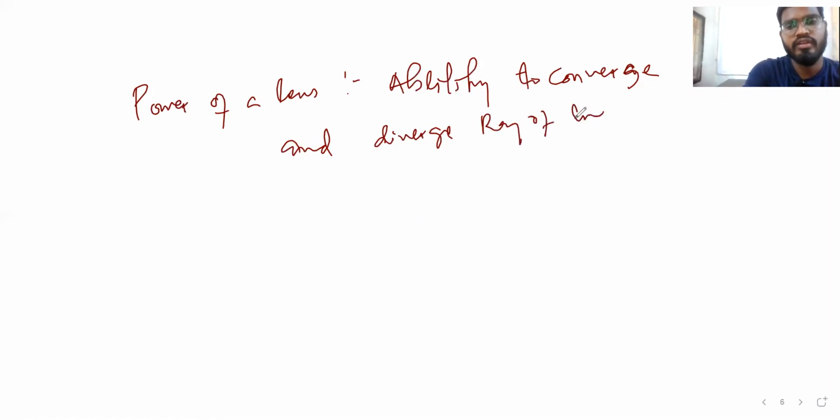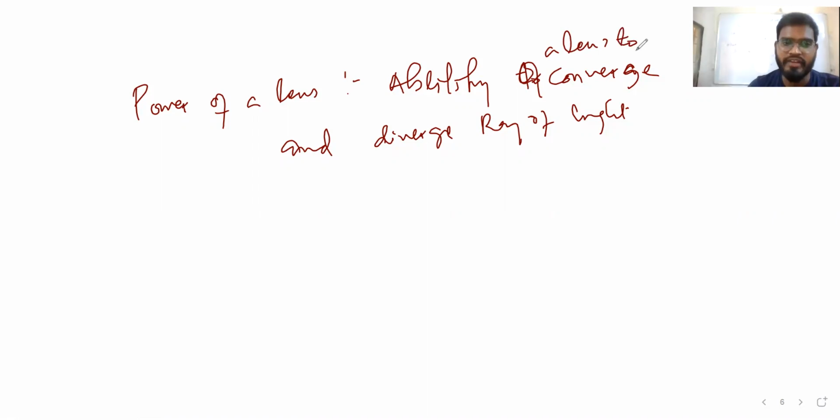The ability of a lens to converge and diverge rays of light is known as what?